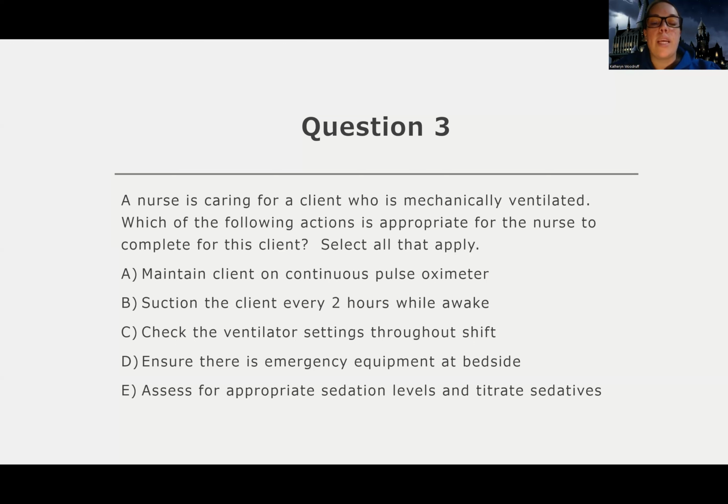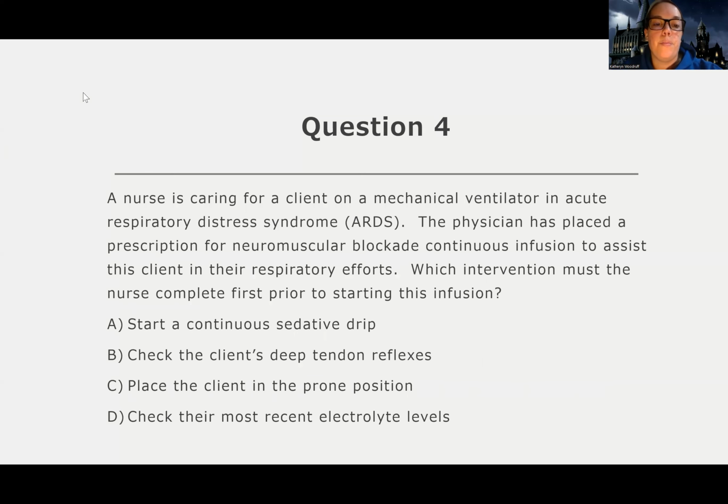So it'd just be knowing things that can come up with a mechanically ventilated client, the process of putting the tube in and pulling it out, what the role of the nurse is there, and complications when it comes to the ventilators. Pretty much what happens when they're doing okay and what happens when they're not doing okay as well. So hopefully that clears things up a little bit or gets you thinking more about some potential questions.